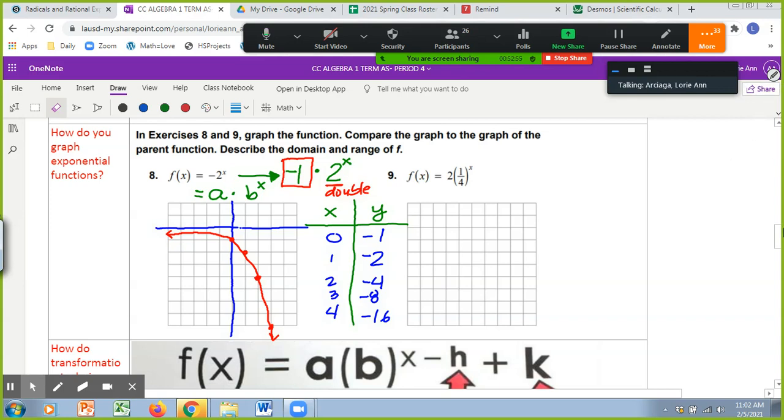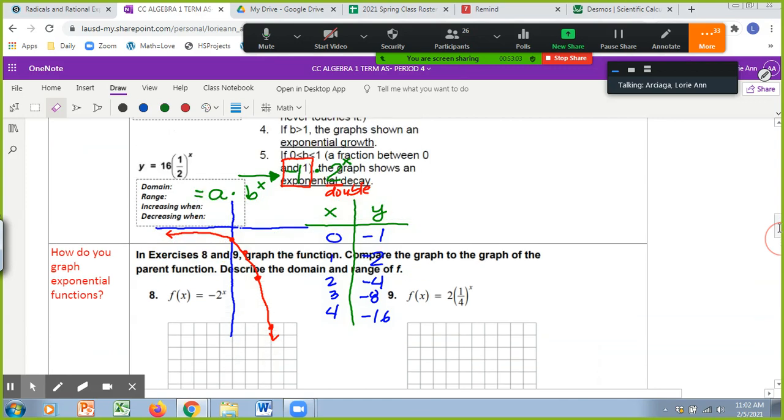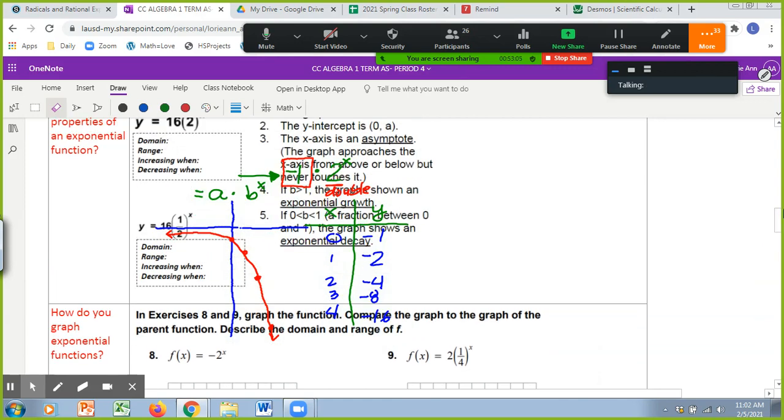Okay, now let me share a fancy term for that one with you right here. I'm gonna go up a little bit, okay? It might move the ink, but I'll go back right here. Okay, so you see this word right here? Asymptote. An asymptote is a line that a graph gets closer and closer to but never touches. Okay, so you call that an asymptote.